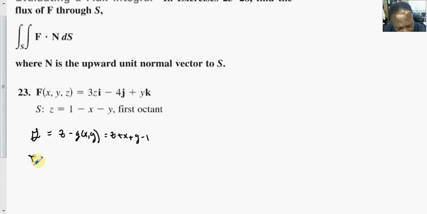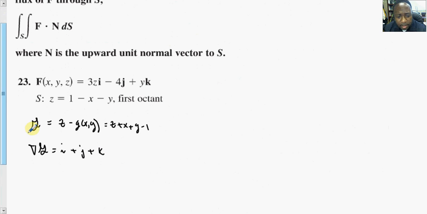The gradient of G is the partial with respect to X, which is 1 times i, plus the partial of capital G with respect to Y, which is 1 times j, and then the partial of capital G with respect to Z, which is 1 times k.